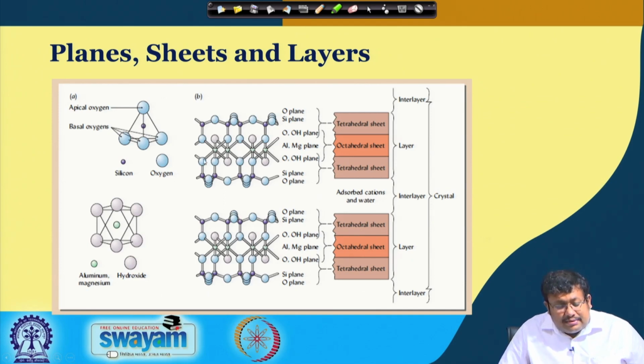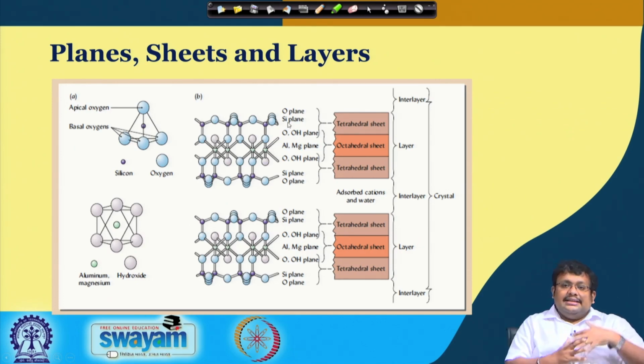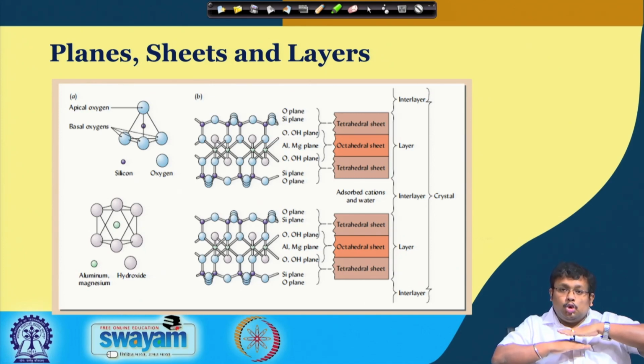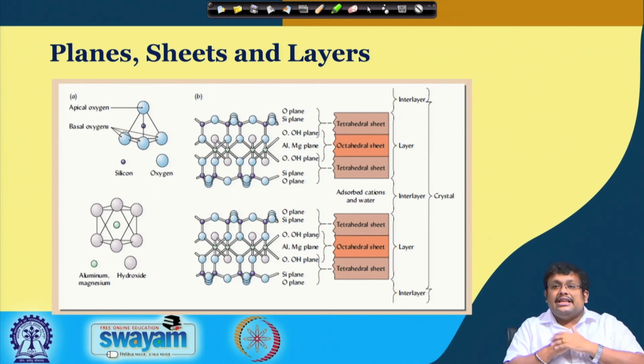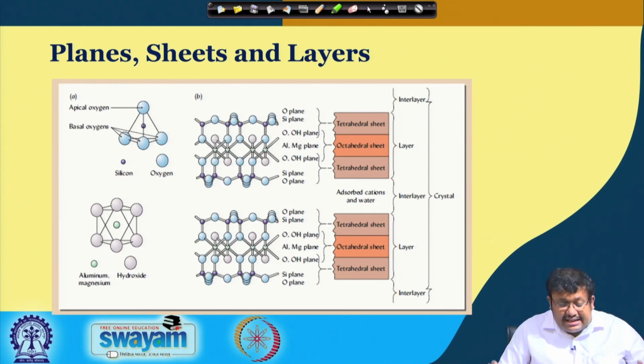The same thing is repeated here also. This is how we get a total 2:1 type of structure. One thing is clear: to join two different sheets, they need to share their apical oxygen, specifically the apical oxygen of the tetrahedral sheet, and that is how they join.